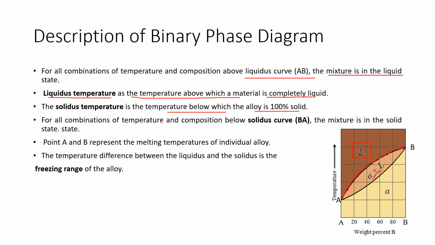What should be the solidus temperature in this case? At point A, below point A, the material is completely solid. Similarly, below point B, below the solidus line, the AB solidus line.